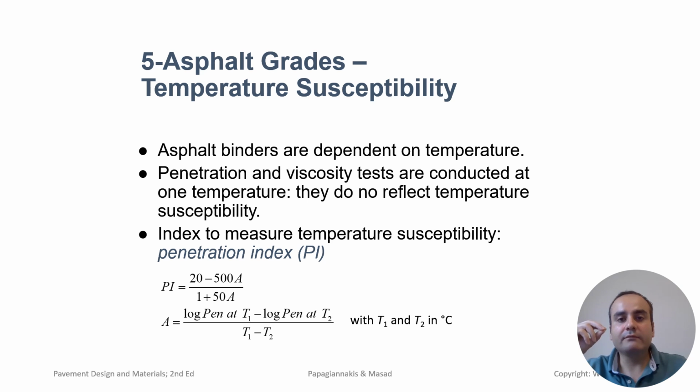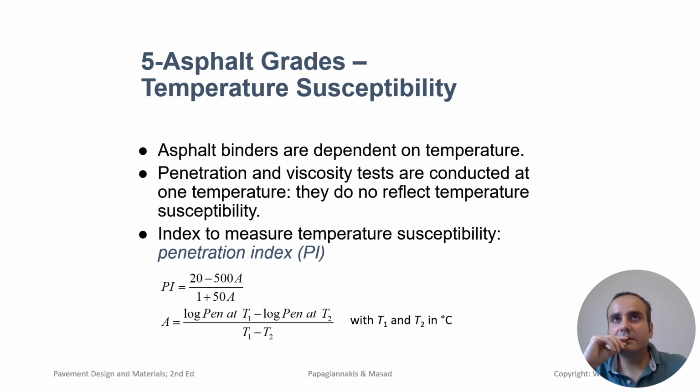Binders with a higher concentration of asphaltenes tend to be more temperature resistant because asphaltenes contribute to binder stiffness. Resins and maltenes, on the other hand, make the binder more fluid, increasing its susceptibility to temperature changes.